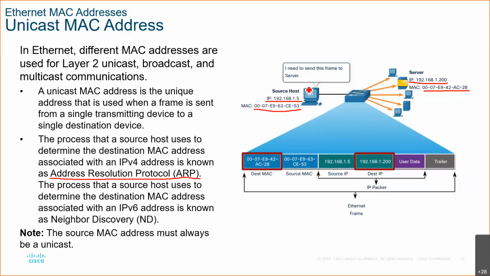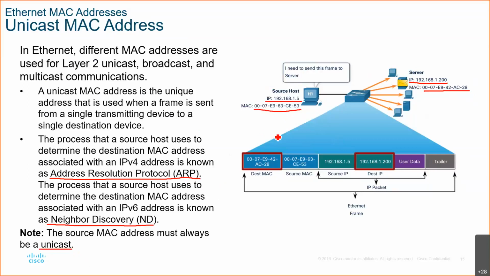The association of MAC address with IP version 6 is called Neighbor Discovery. Whenever you send from a source MAC to a destination MAC, remember the source will always be a unicast, but the destination can be broadcast, can be unicast, can be multicast as well.